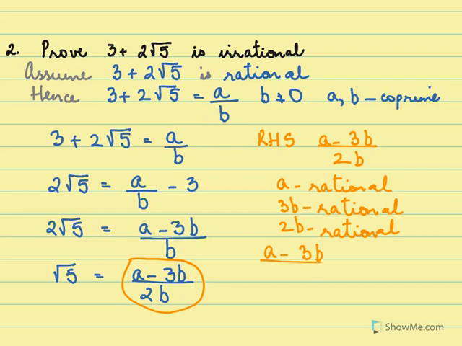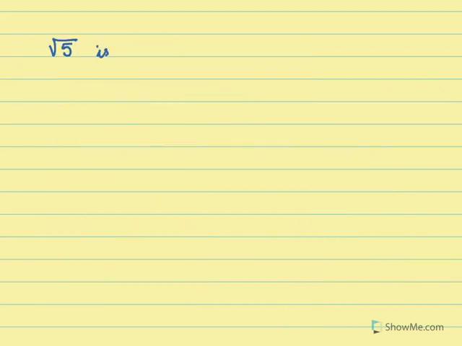Which means a minus 3b over 2b is rational. But we know that a minus 3b over 2b is equal to under root 5. So we can say under root 5 is also rational. This is a contradiction.